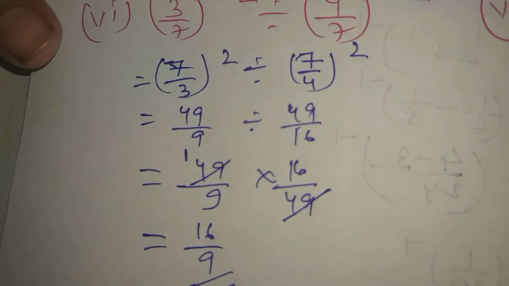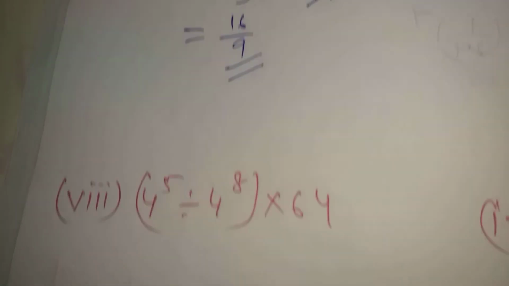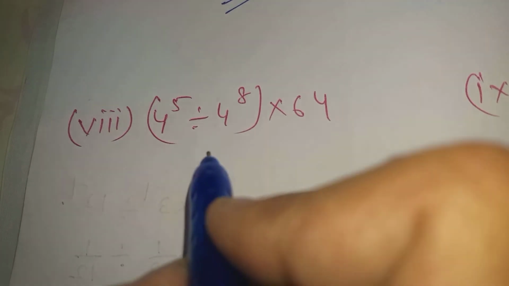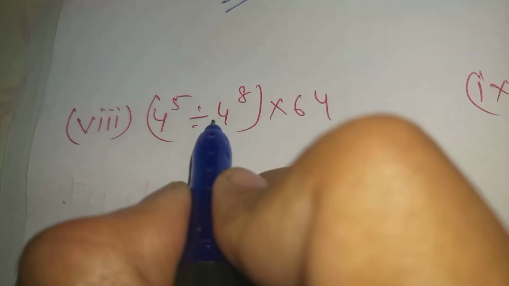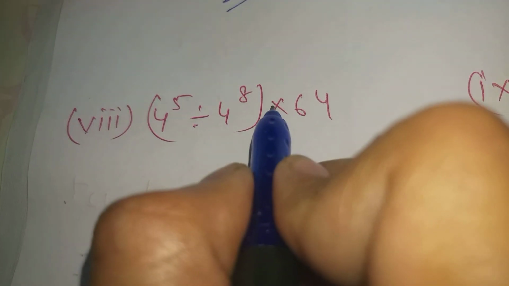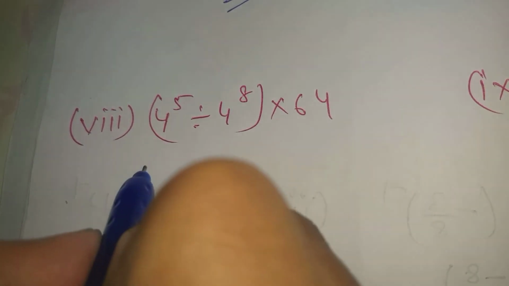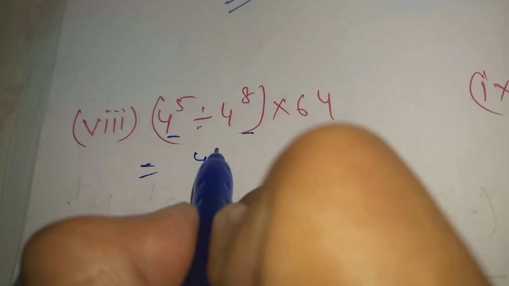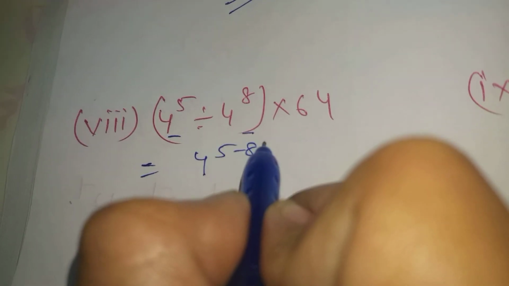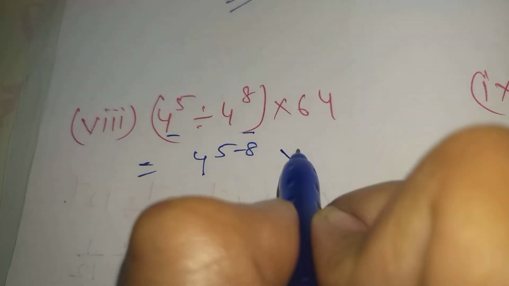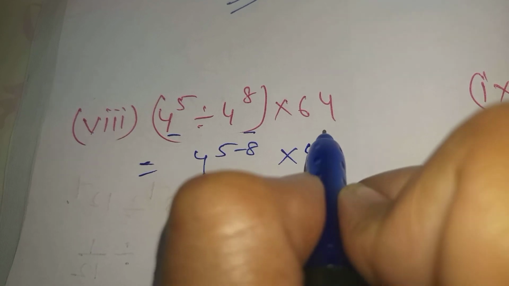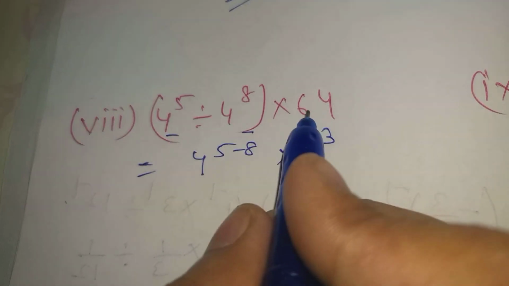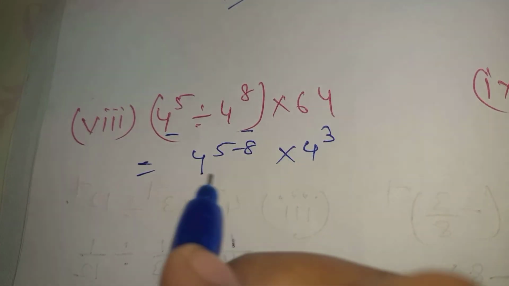Okay, now question number 7: 4 to the power 5 divided by 4 to the power 8 into 64. Then bases are the same and the numbers are in division. Then 4 to the power 5 minus 8 will be written here, and 64 can be written as 4 to the power 3, as 4 into 4 into 4 is 64.